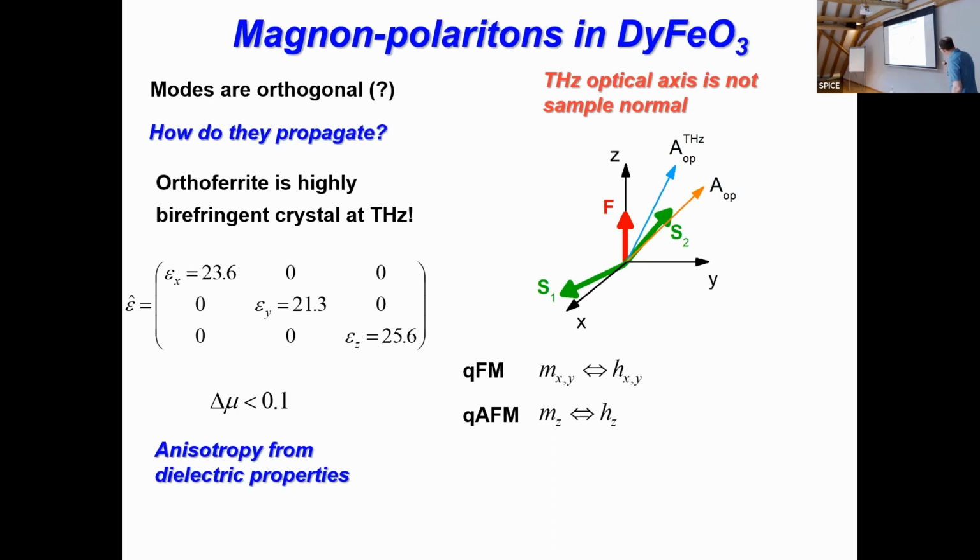So that means that when our terahertz pulse propagated along the incorrect optical axis, the magnetic field produced by the modes of the antiferromagnetic resonance were no longer the eigenwaves in the birefringent system.